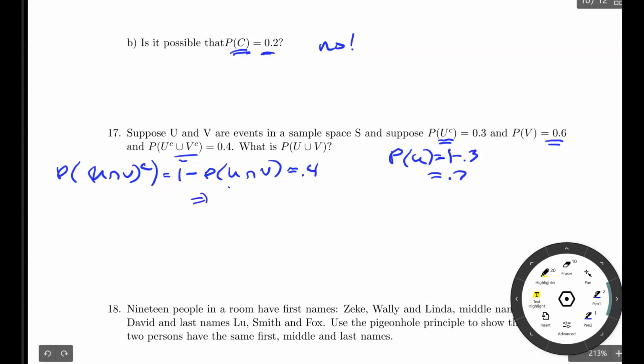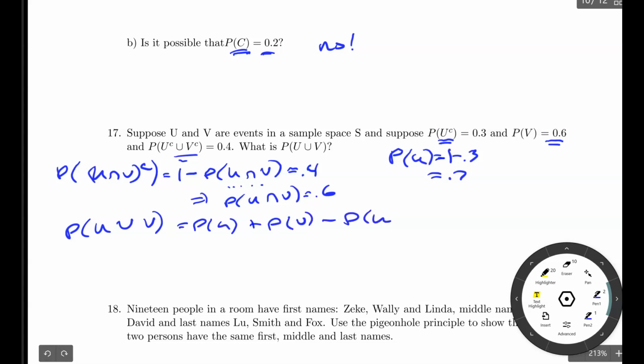So that tells me that this here is 0.6. Okay, so probability of U and V is probability of U plus probability of V minus probability of U and V. I just figured out that that's 0.6. This is 0.7. That's 0.6. Whew, so I get 0.7.